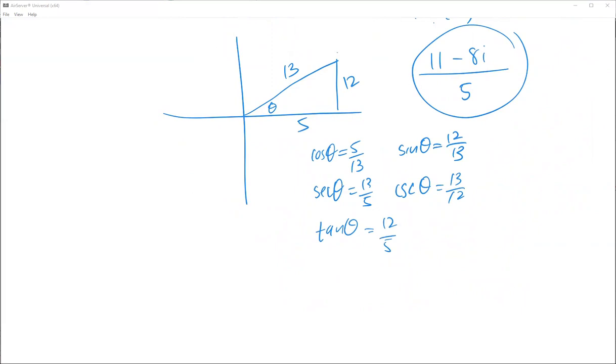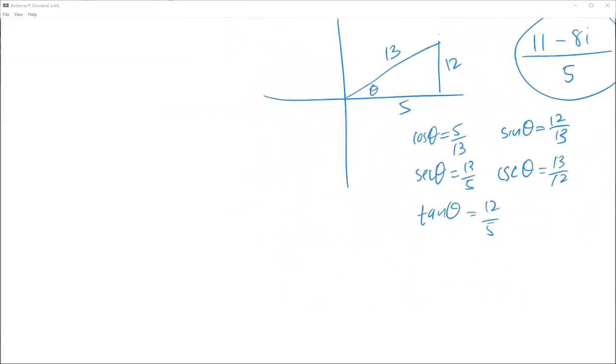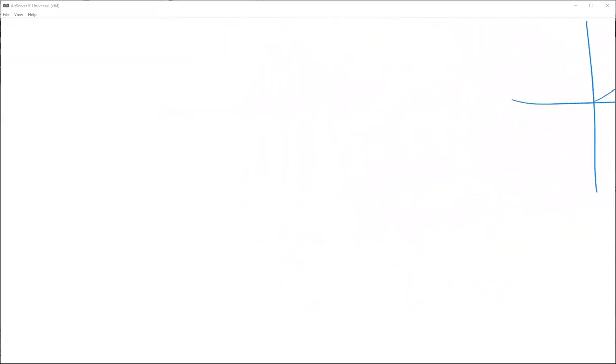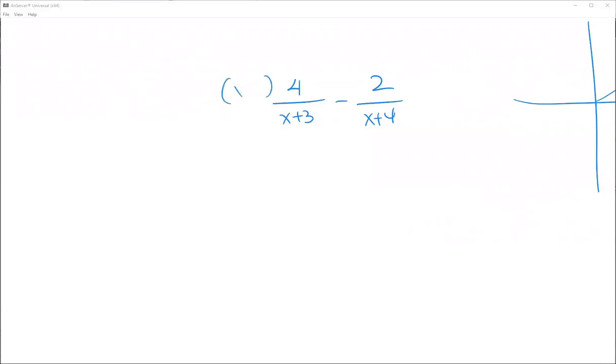Number 21, I wanted to put in because I know a lot of people had trouble with this. It'll be 4 over x plus 3 minus 2 over x plus 4. So basically, you need to get the common denominators and then combine the fractions. So this is x plus 3, x plus 4. You need to get a common denominator.